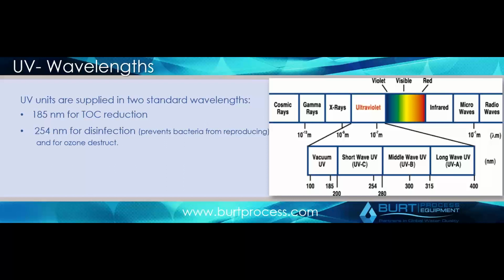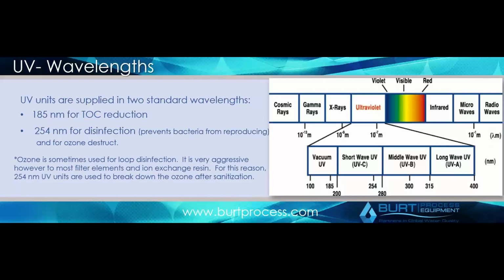You do get a small 254 nanometer peak in a 185 nanometer UV. Thus, if you only have the choice of putting in one UV, a 185 nanometer UV will give you some of the 254 nanometer wavelength as well as 185. So it can be beneficial for both bacteria and TOC destruction, assuming your bacterial levels are not that critical at that point.